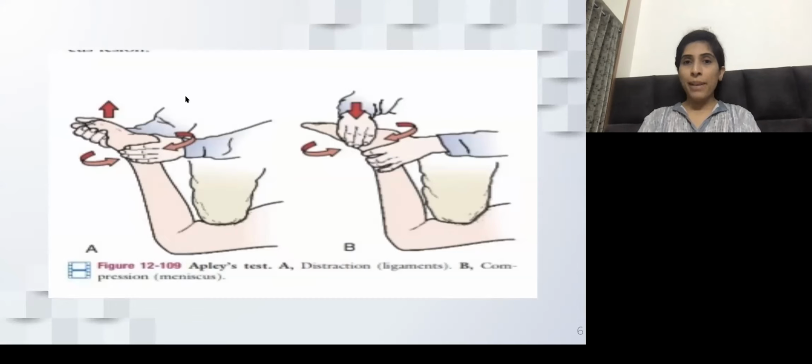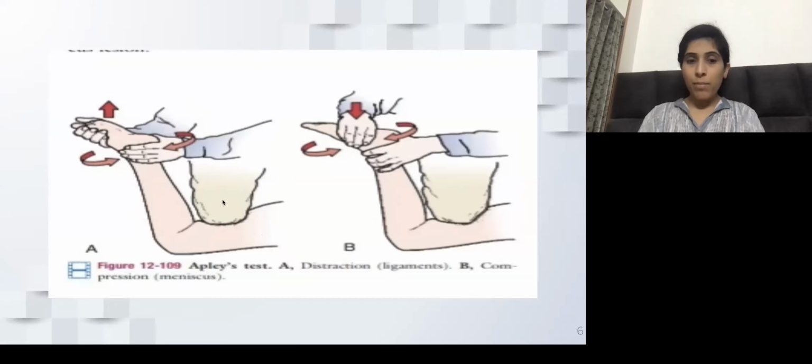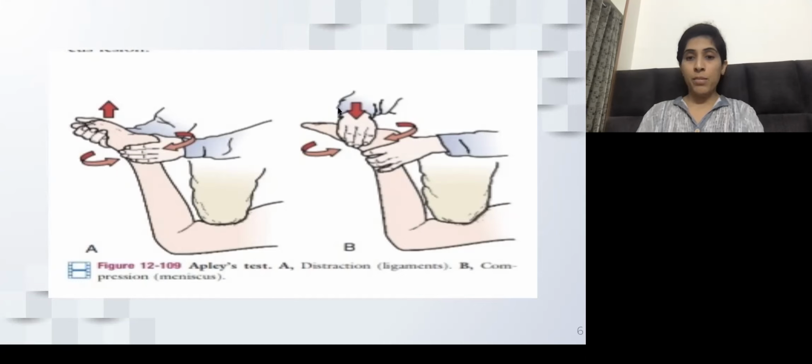Then we have Apley's test. For Apley's test, in the same way, the patient should be in the prone position. The therapist's knee will support the thigh, and after this the therapist will give a distraction force, and by this distraction force the therapist will get to know whether involvement of the menisci or ligament is present.